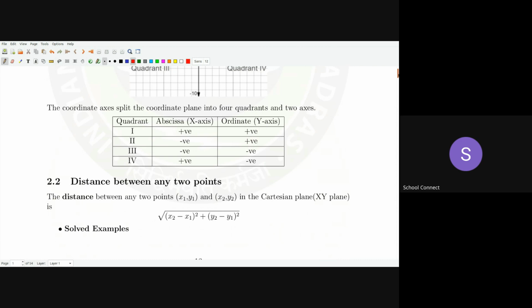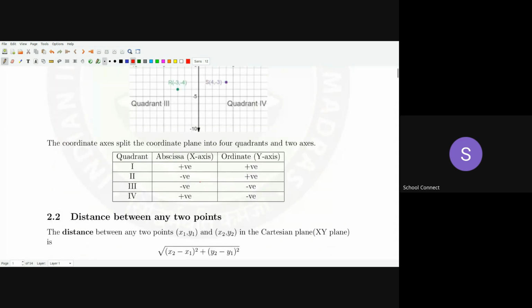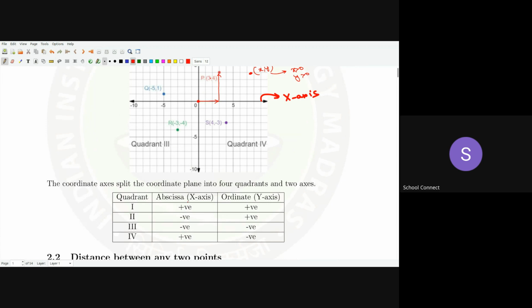The x coordinate is also called the abscissa. It's just a technical name. The y coordinate is called the ordinate. Again, the signs are given here just to make sure things do not go wrong. In quadrant 1, both coordinates are positive.